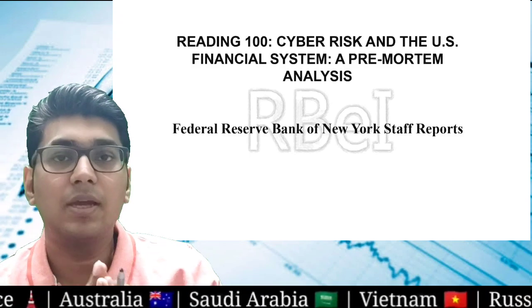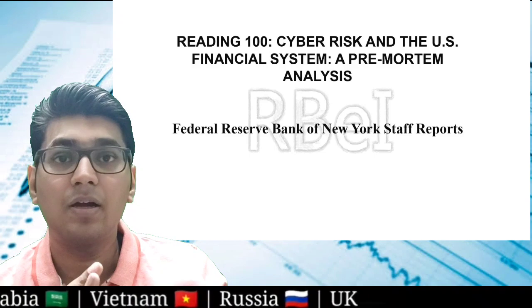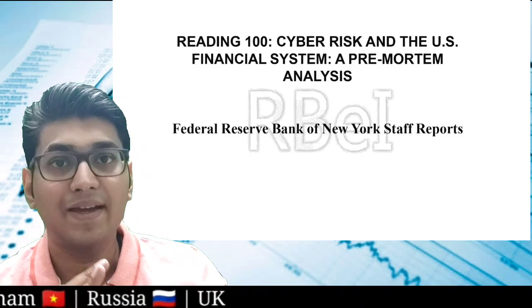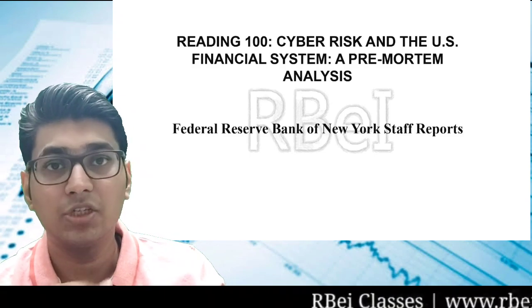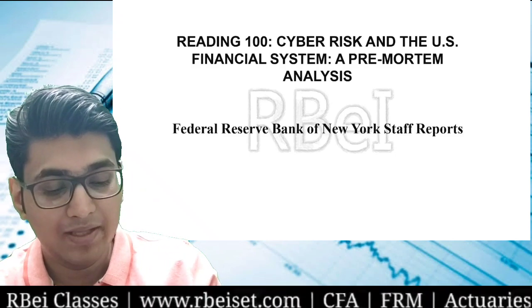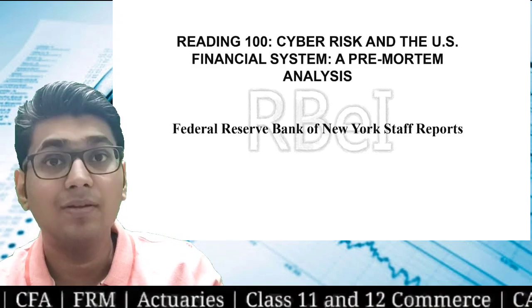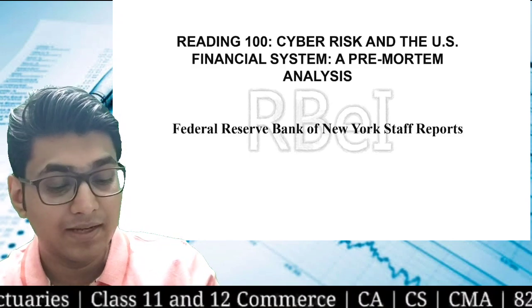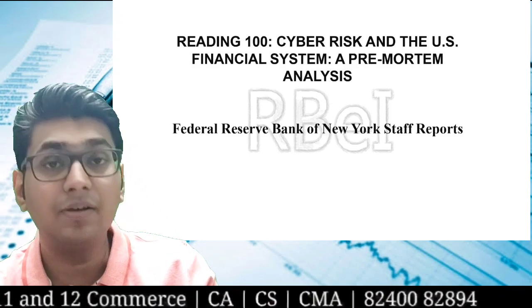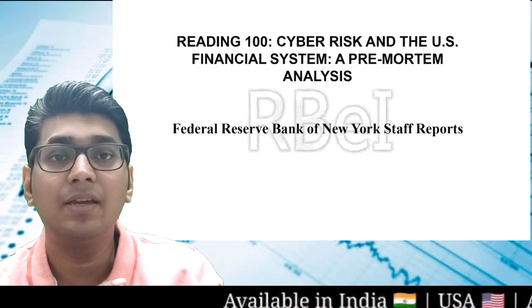Cyber risk. We know that nowadays hackers are trying very hard to hack the systems of banks and financial institutions. There are two main reasons when they hack: either to commit fraud and steal money, or to get the data of the bank and then sell that personal data at a very high cost.